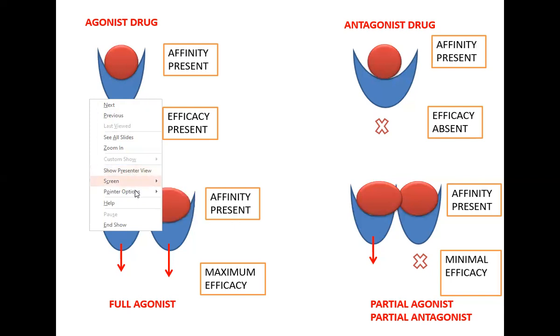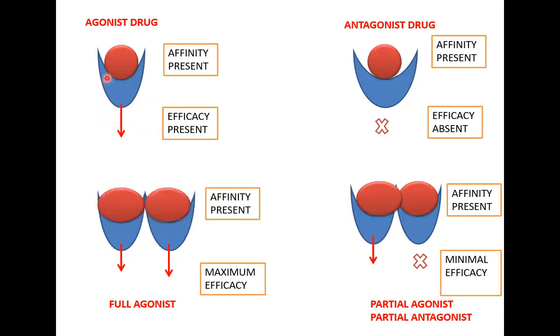So for every receptor, it should have a point or a place where a ligand will come and bind to, and it should have an effector domain. So for a receptor, it should have a ligand binding domain and it should have an effector domain. This qualifies to be a receptor.